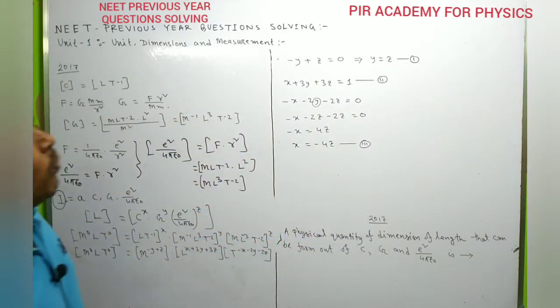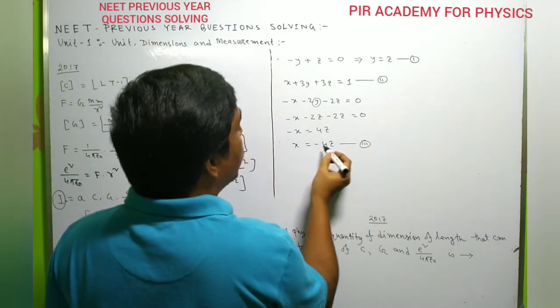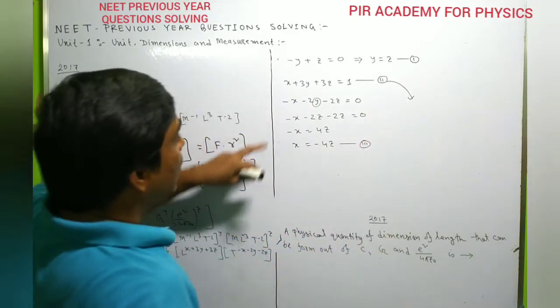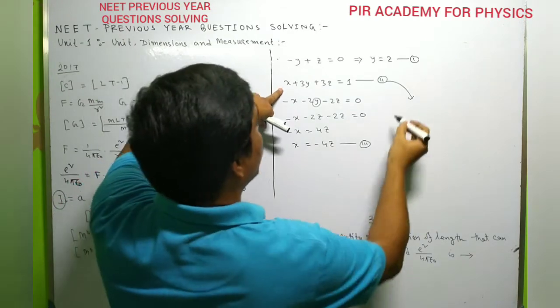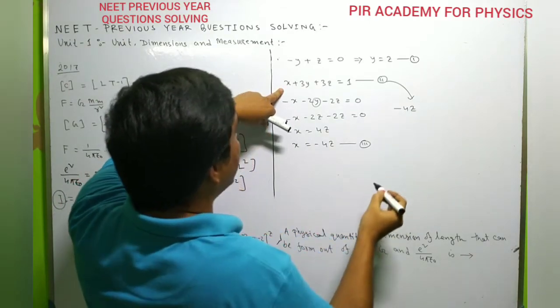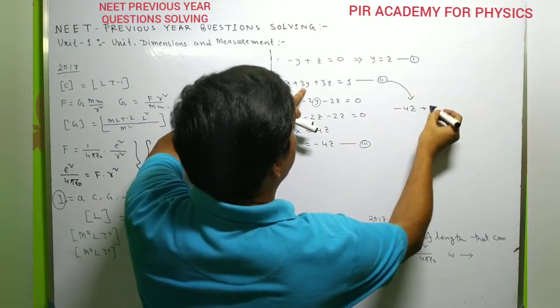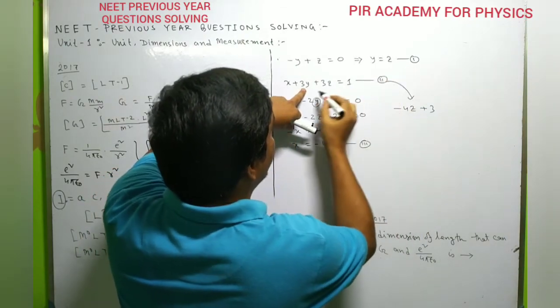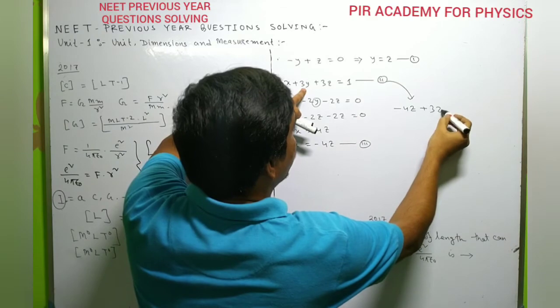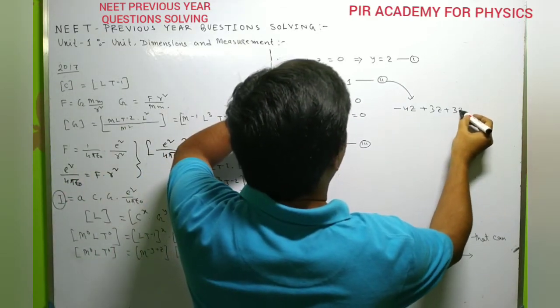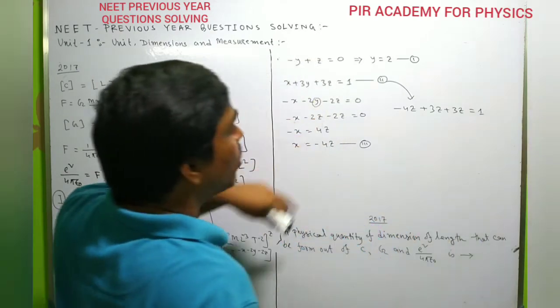Now if I put the values of x and y in equation number 2, x equals minus 4z and y is replaced by z, so this is 3z and also 3z, which equals 1.